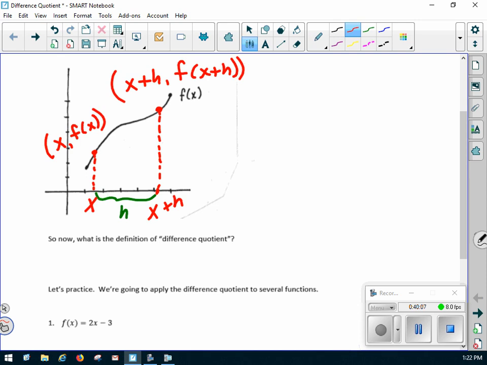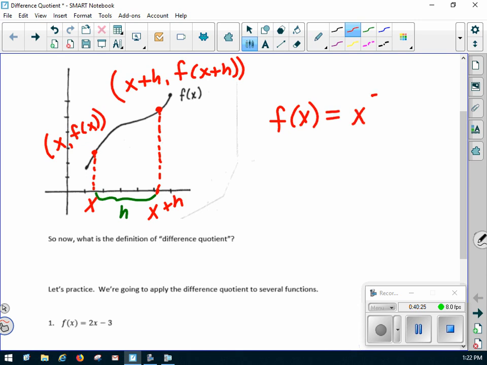Why is it on the first one x and then f of x? Is it just because it's on that line? That's the y value? Remember, another name for f of x is y, right? So the y value here is just, let me show you what I'm talking about.